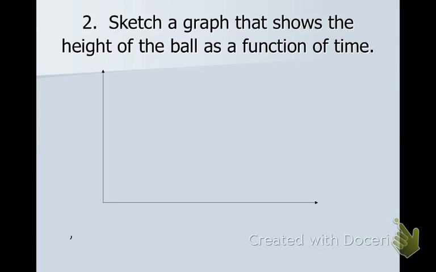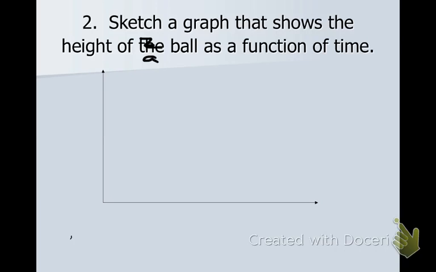Okay? For example, sketch a graph that shows the height of a ball as a function of time. Right? So I have a ball. I'm going to take it and throw it up.